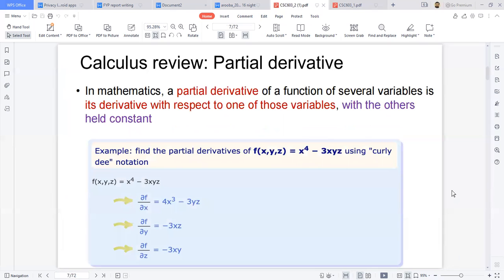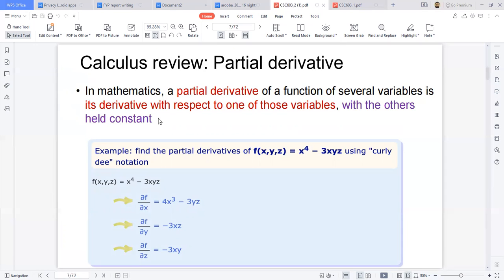Okay, this one was your assignment example, so I think you know it much better, and we can go through it quickly. Calculus review: partial derivative. In mathematics, a partial derivative of a function of several variables is its derivative with respect to one of those variables, with the others held constant.